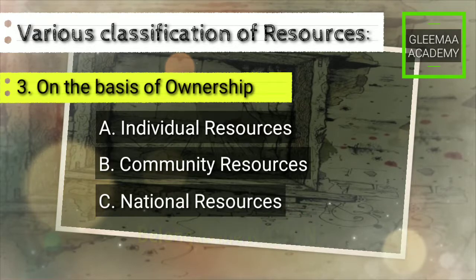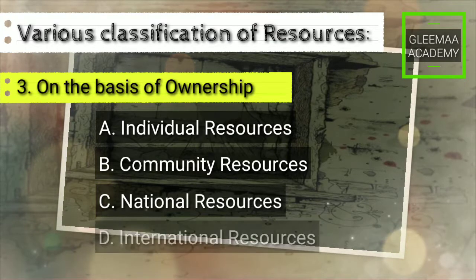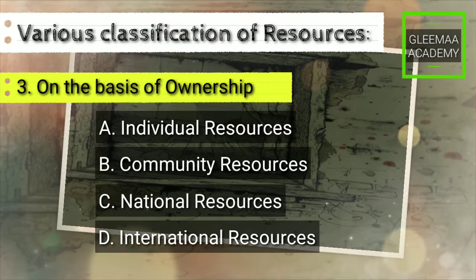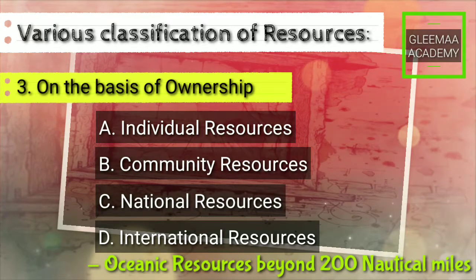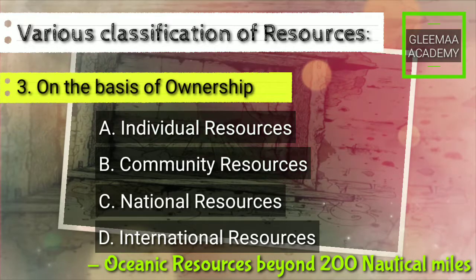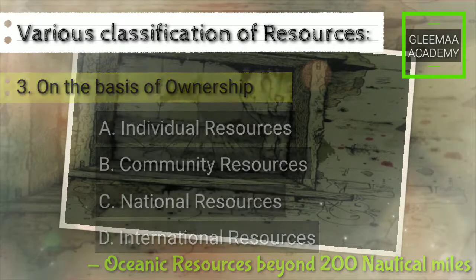For example, minerals, wildlife, forests, water resources, etc. D. International resources, which are regulated by some international organizations. For example, oceanic resources beyond 200 nautical miles of the exclusive economic zone belong to the open ocean, and no individual country can utilize them without the concurrence of international institutions.